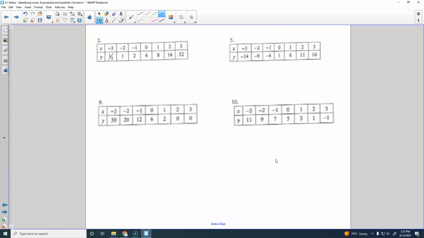Pass those back. I'm pretty sure, hold on, I think I've got. I need to get my other notebook back.